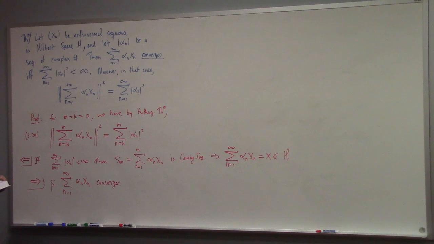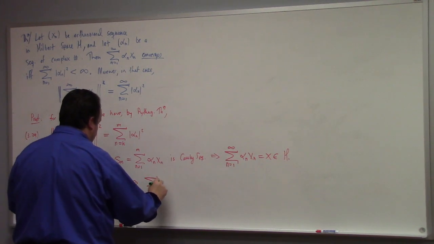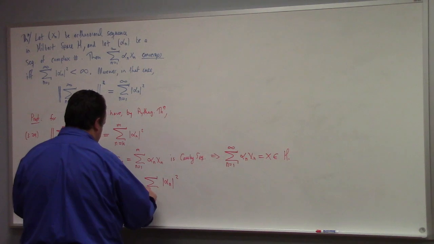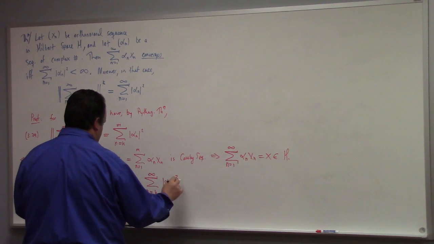Conversely, if the series converges, then equation 3.29 again implies the convergence of, okay, so that implies that the sum of alpha n squared, n equals k to infinity, converges.